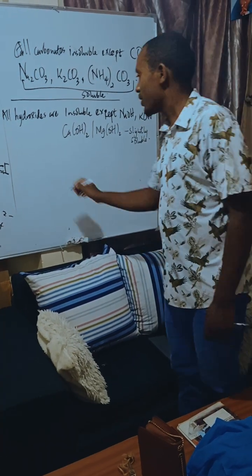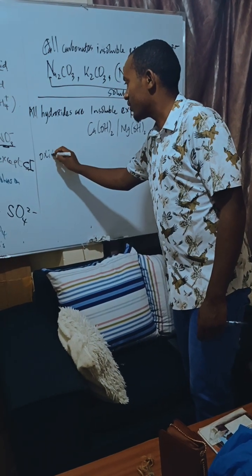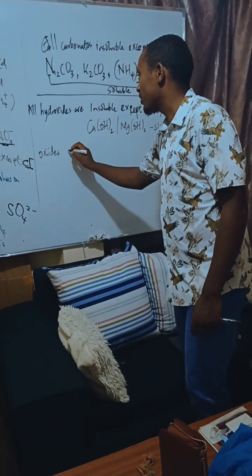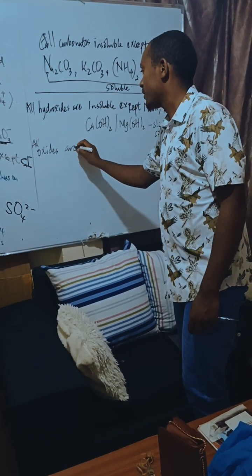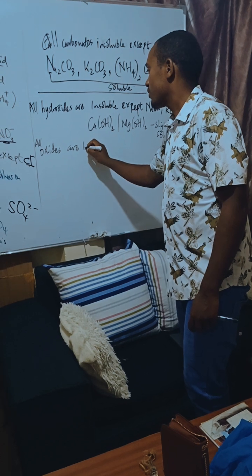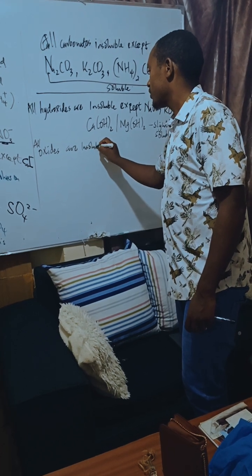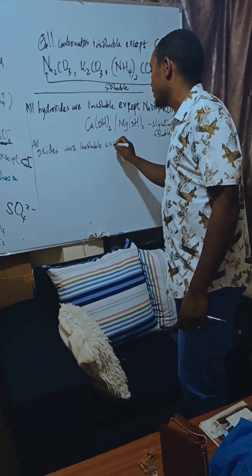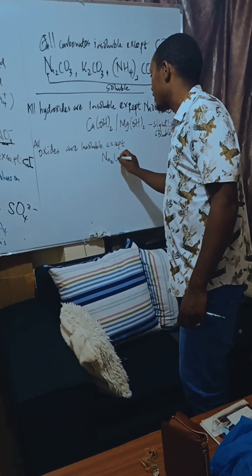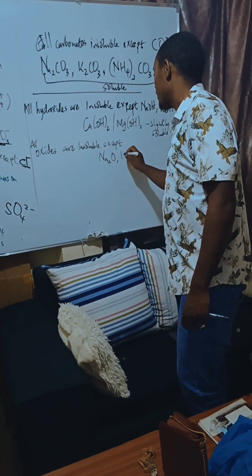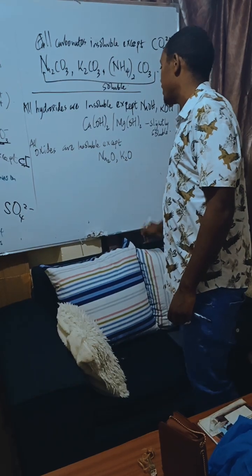We'll talk about oxides. How do oxides dissolve in water? All oxides are insoluble except sodium oxide and potassium oxide, which dissolve in water.